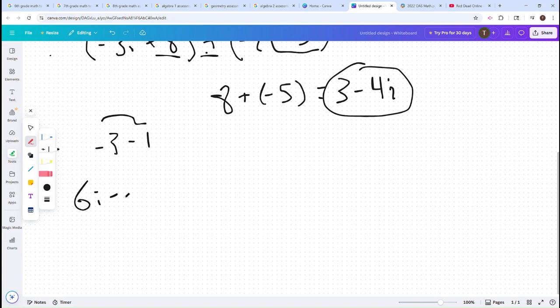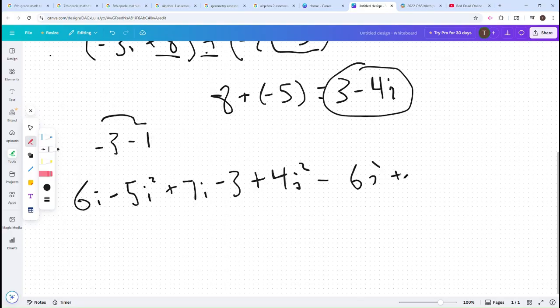6i minus 5i squared plus 7i plus 7 minus 3 plus 4i squared minus 6i plus 7i squared minus 8.